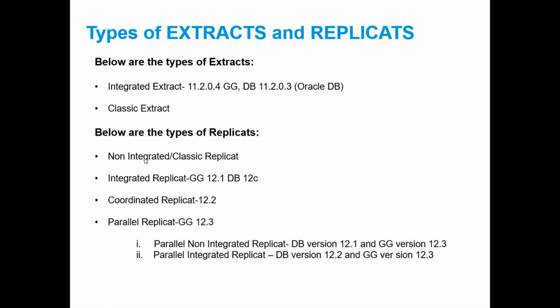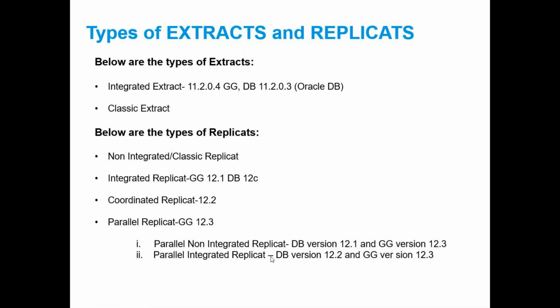But from GoldenGate version 12.3, a new type of replicat has been introduced, which is called parallel replicat. Parallel replicat is a game changer. It is really very fast performance-wise and it is of two types. One is parallel non-integrated replicat and second is parallel integrated replicat.